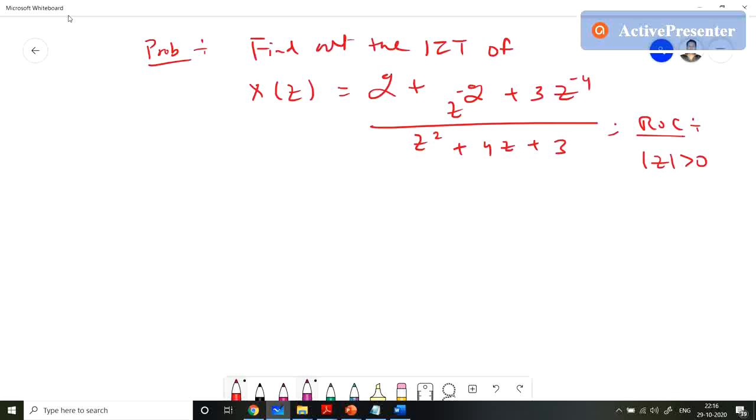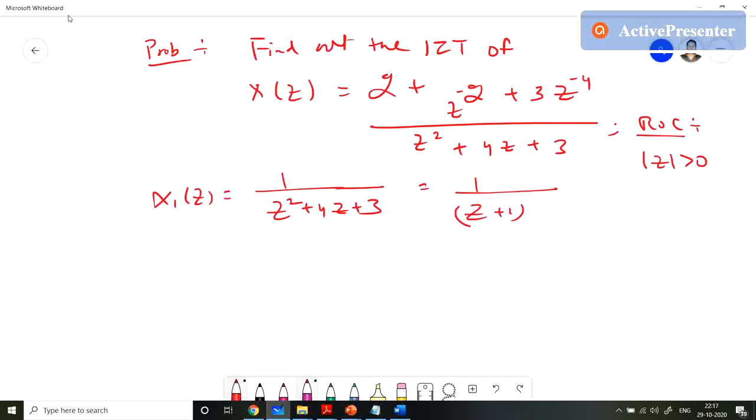So what we are going to do here: let X1(z) be 1 divided by z square plus 4z plus 3, which is equal to 1 divided by (z plus 1)(z plus 3). Now let us find out X1(z) divided by z.